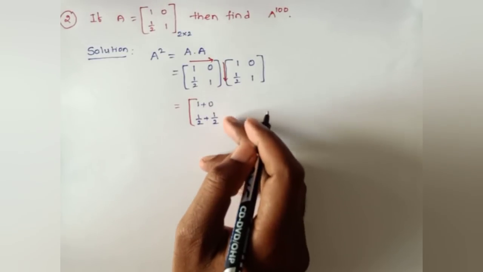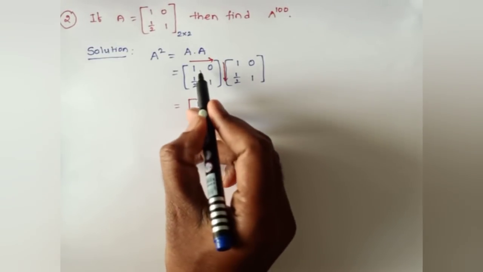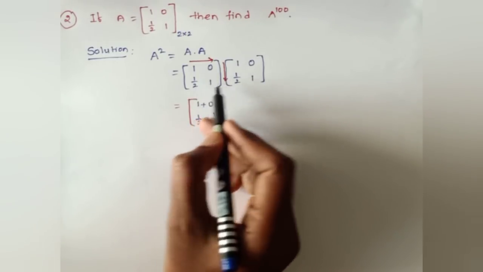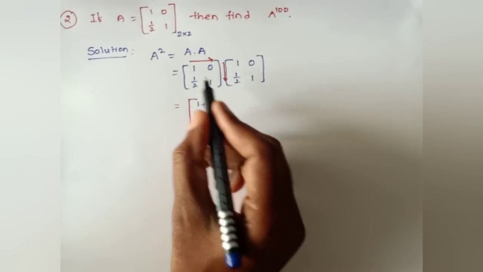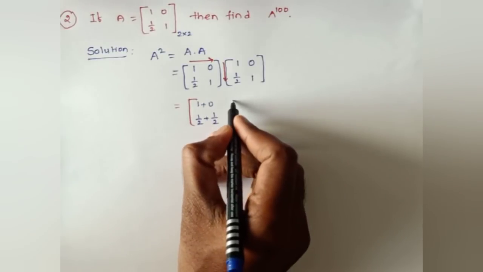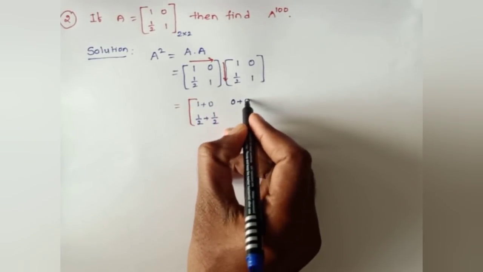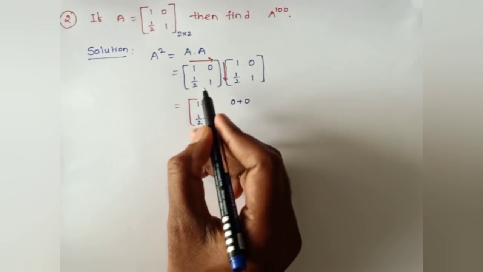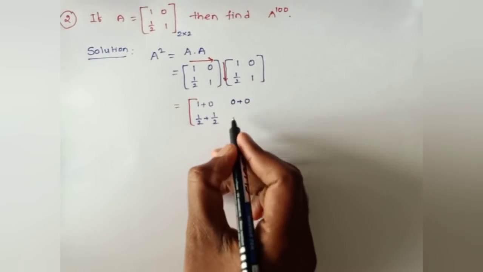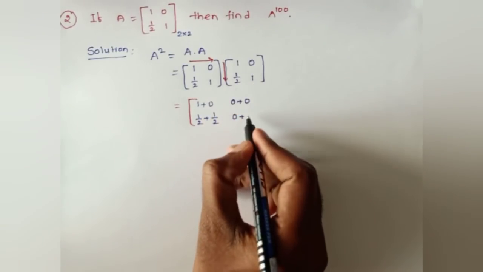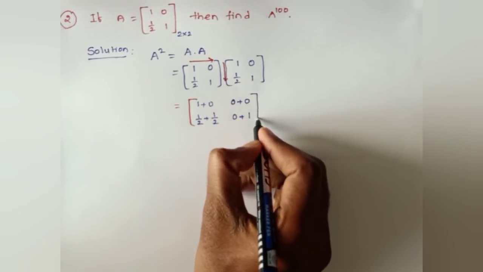To get this column, you need to multiply the first row with the second column and the second row with the second column. That is 1 into 0 is 0, plus 0 into 1 is 0. Next, 1/2 into 0 is 0, plus 1 into 1 is 1.